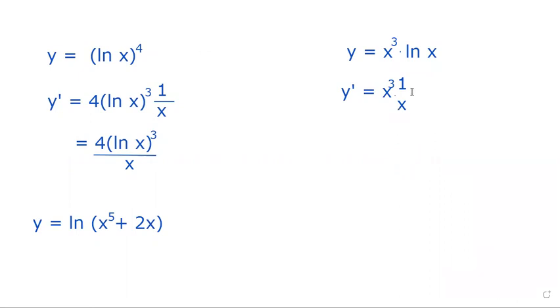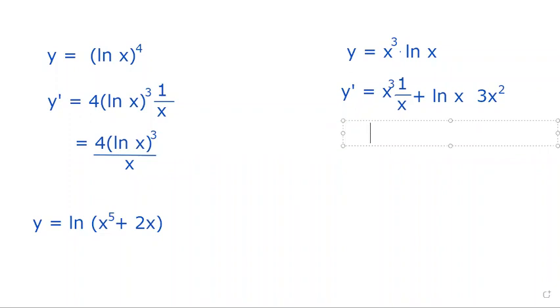Plus our second term, which is the natural log of x, times the derivative of the first, which is going to be 3x squared. We all recognize that. So let's go back through it. We have the first term times the derivative of the second, plus the second term times the derivative of the first. Okay, so let's carry on and keep moving forward on this problem.